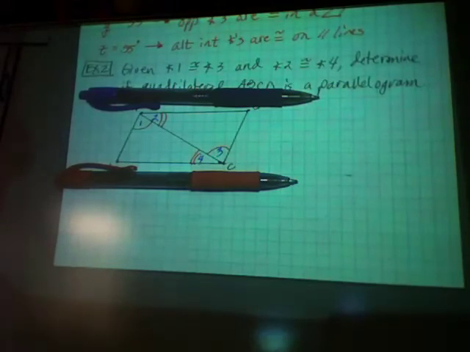Which angle measures are not inhibited by these sides here? Seth? Well, if they're alternate interior angles, those are only congruent when there are two parallel lines. Right. So which two sets of angles am I going to use? Am I going to use 2 and 4 or 1 and 3?